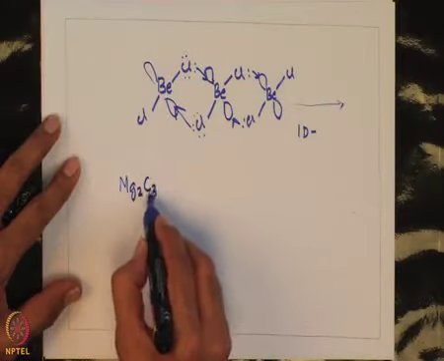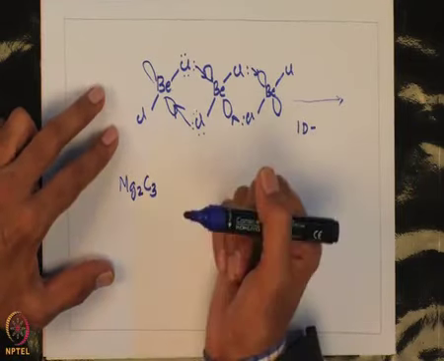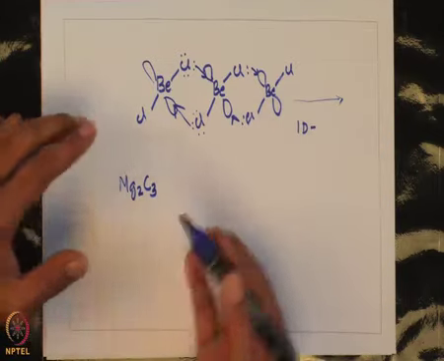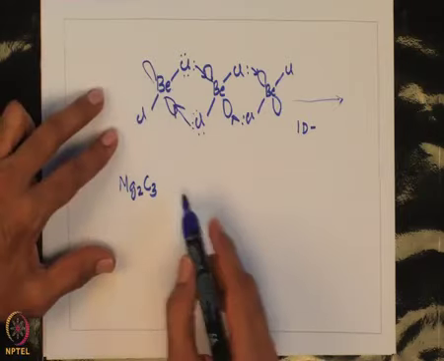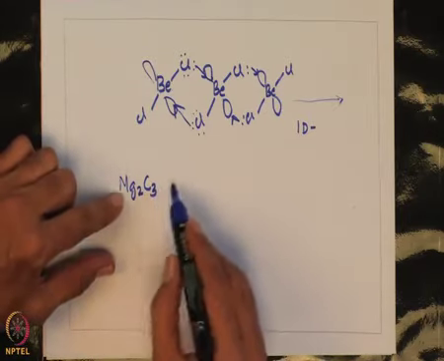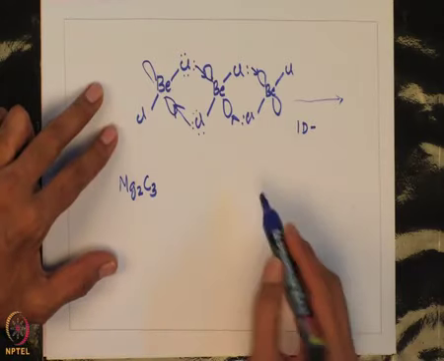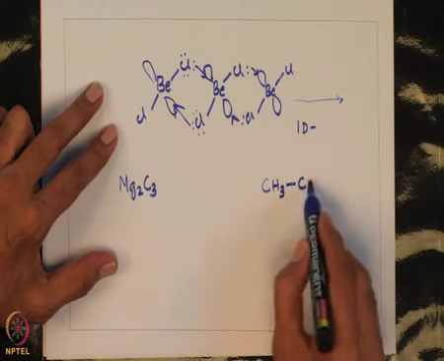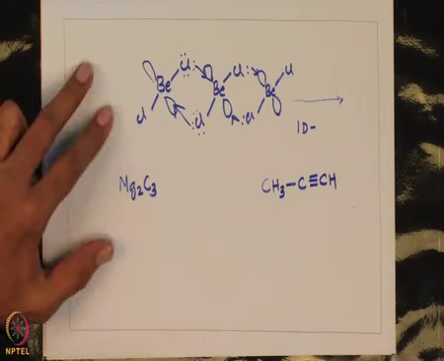Mg2C3, because propane is there. So, what kind of reaction and what kind of bonding can be anticipated here? If it gives propane, it should be something like this. This is propane. Okay.